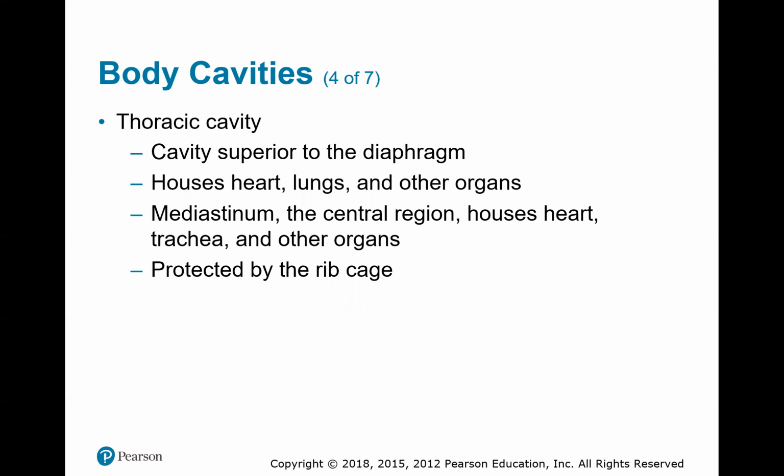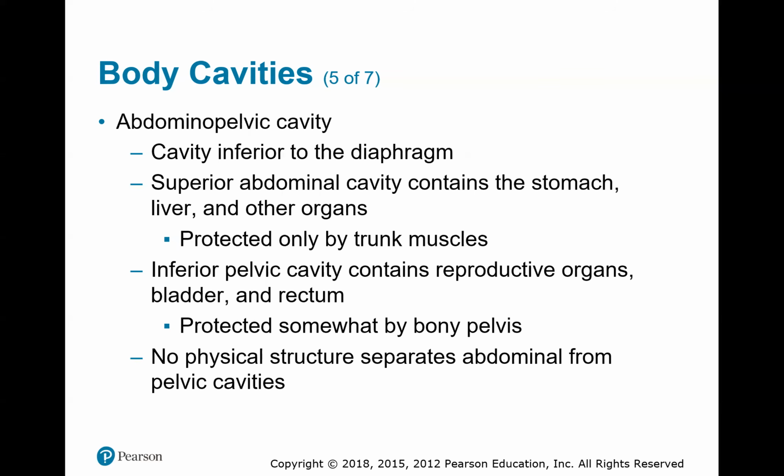Again, this houses the heart, the trachea, and a couple other organs. And the thoracic cavity is also protected by the rib cage as well. So we try to provide lots of proper protection to these vital organs. And again, we'll also find these cavities within to help to secrete fluid.